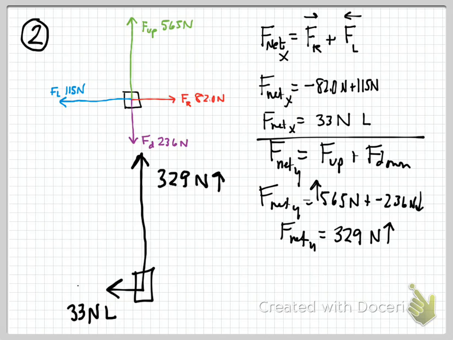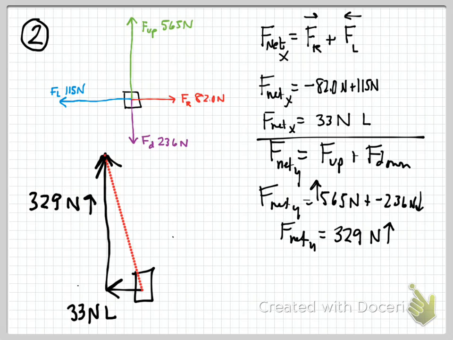If we take our vectors and rearrange them, this is important because the force has to be coming from the center of the object. If we move that arrow over here so that it's head to tail, then we can make our resultant there. For our resultant, we're going to need not only magnitude, but also a heading.